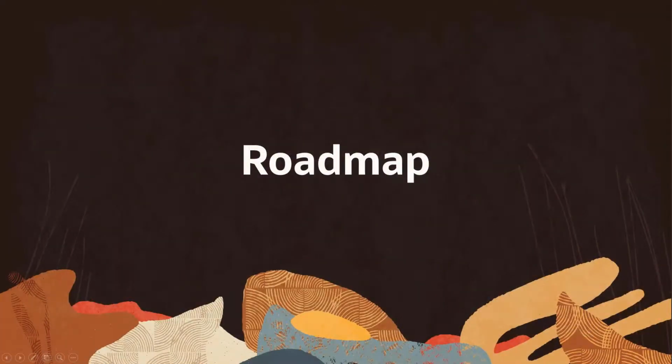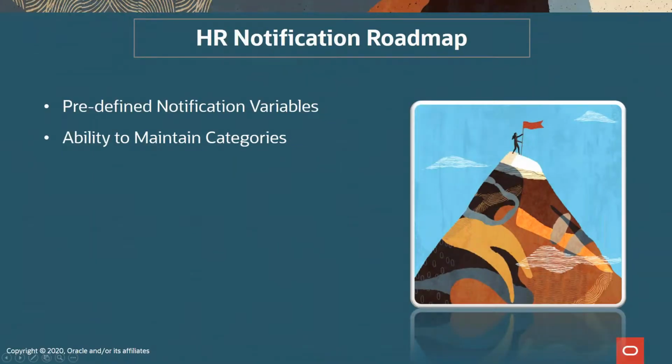Let's look at the roadmap that we have. It's kind of short and simple, kind of like me. So we have two things right now. One is predefined notification variables. You may be sending an email out to a whole business unit, but you don't want it to be so impersonal. Maybe you want it to say, hi, John, hi, Sally, hi, Sue, hi, Betty.